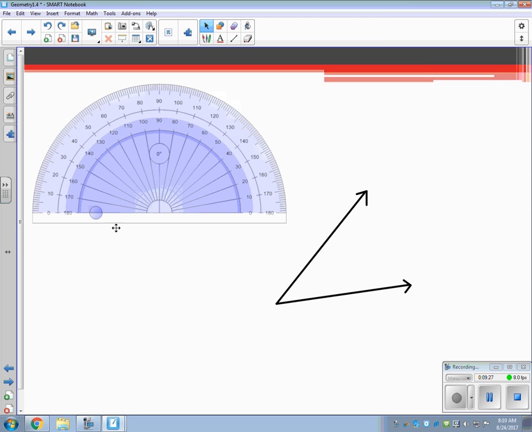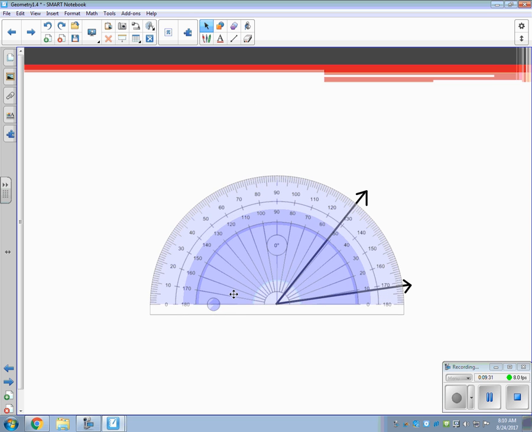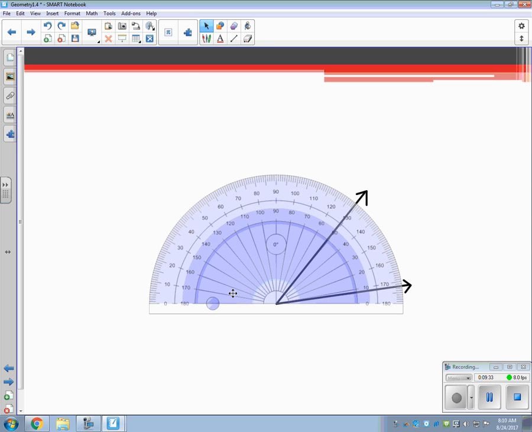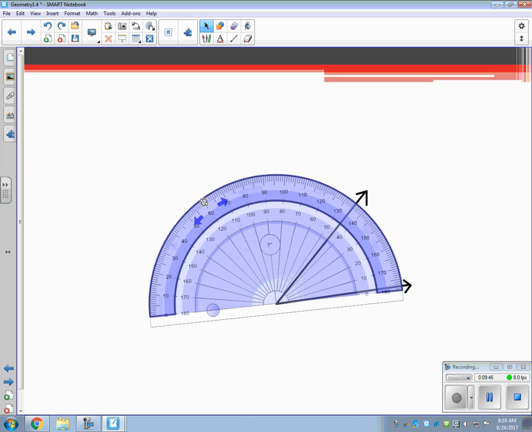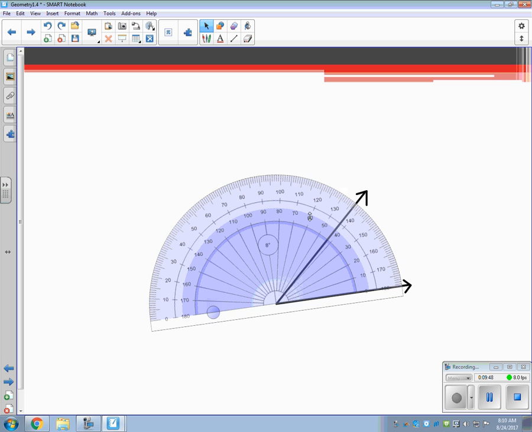Whenever you use a protractor, this middle part gets lined up on your vertex point. But that's not all. In addition, every protractor is going to have a horizontal line going across from 180 to 180. You need to line that up with one of the sides. It doesn't matter which one, so I'm going to tilt this way. And then you're able to read the protractor from there and get an idea about where your angle is.